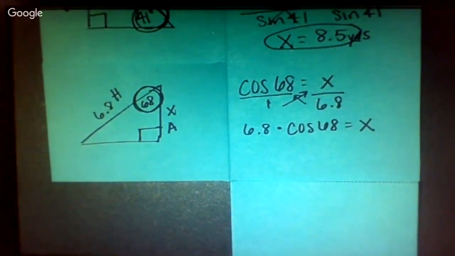So you literally just need to type in what you see on that left-hand side. 6.8 times cosine is right next to sine. 68 and close your parentheses. 2.5.